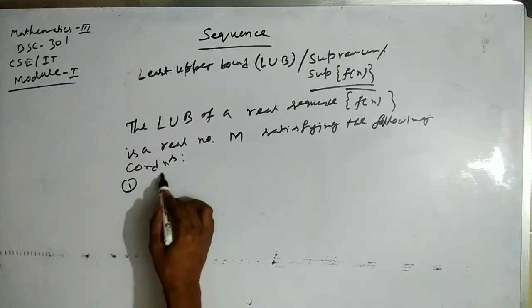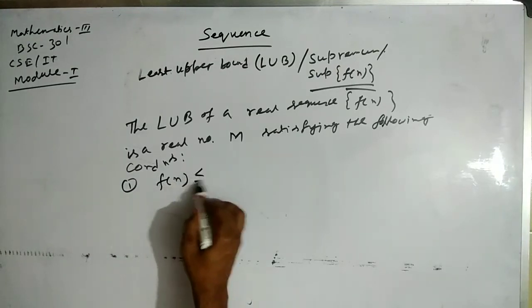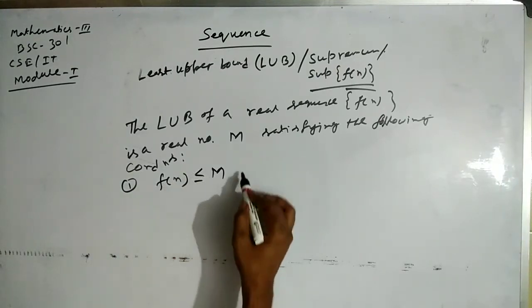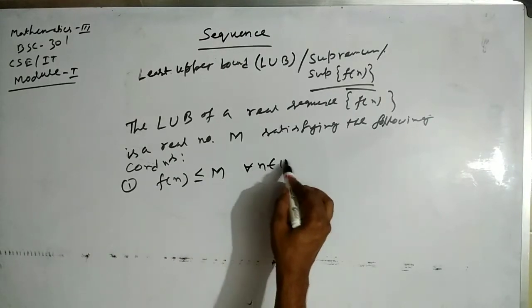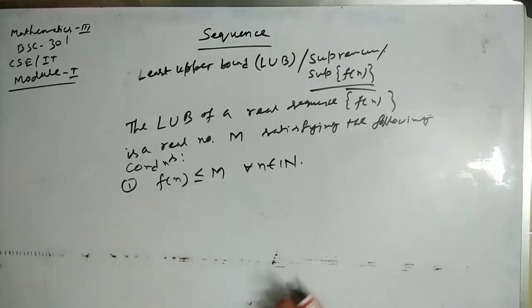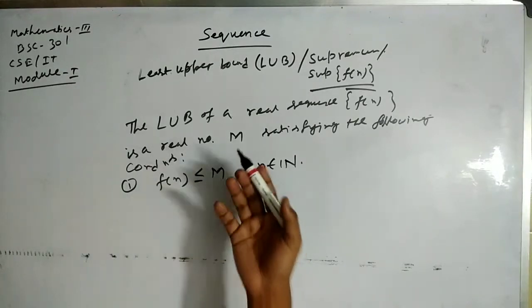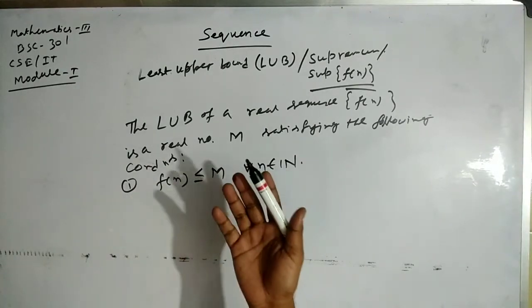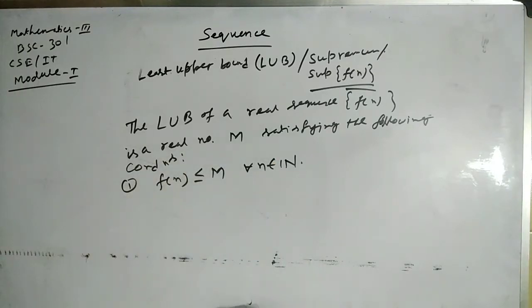Condition number one: Fn is less than or equal to capital M for all n belonging to the natural numbers. That is, all the elements of the sequence are less than or equal to that real number; the LUB must be an upper bound.